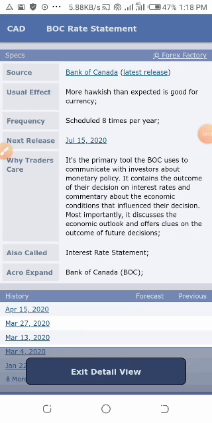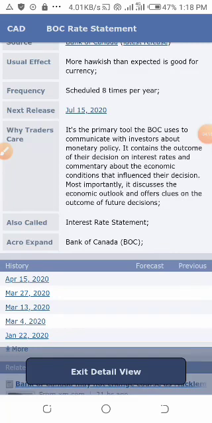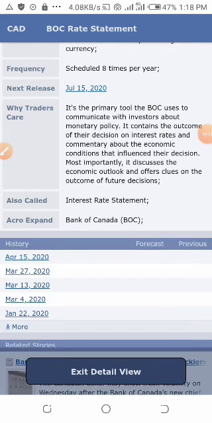So the hawkish is telling you that if interest rates increase, then the demand for that currency is going to increase, because investors are going to start looking for that currency because the interest rate has increased. Meaning that if an investor gives you his money to invest, the interest that you're going to pay him is going to increase, and he is more likely to give you the money to invest.